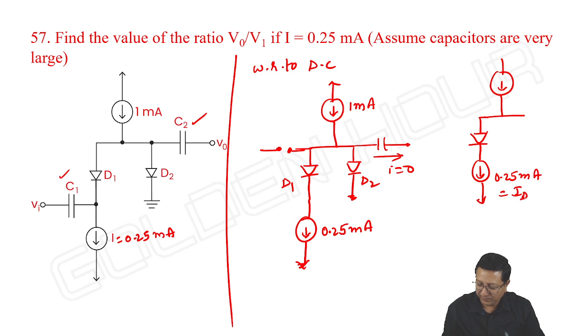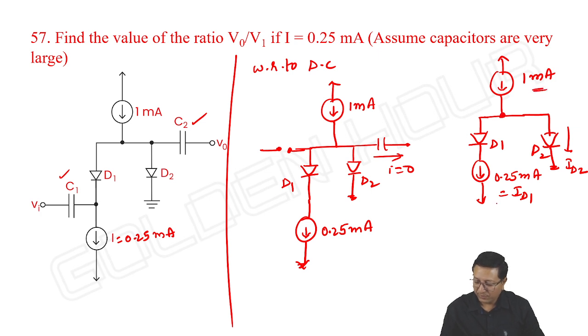This is equal to ID1 because it is diode D1. Diode D2, this current is ID2. It is 1 milliampere, so 1 milliampere is entering this node. 0.25 milliamperes is ID1. So ID2 will be equal to 0.75 milliampere.